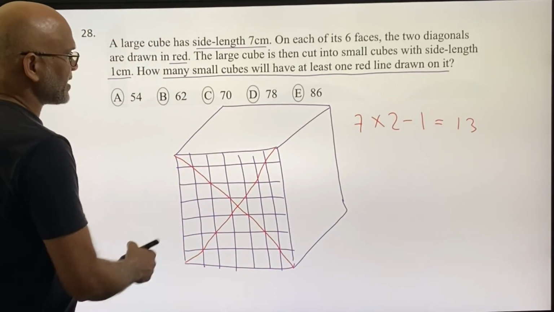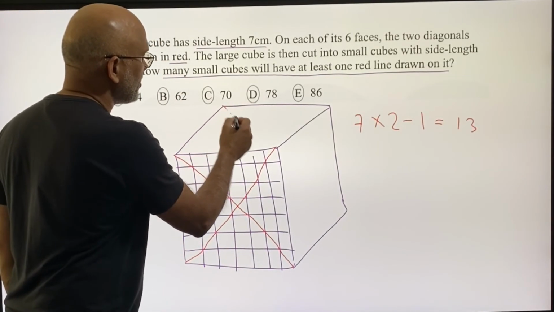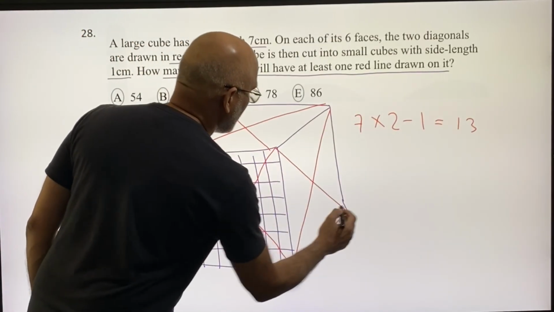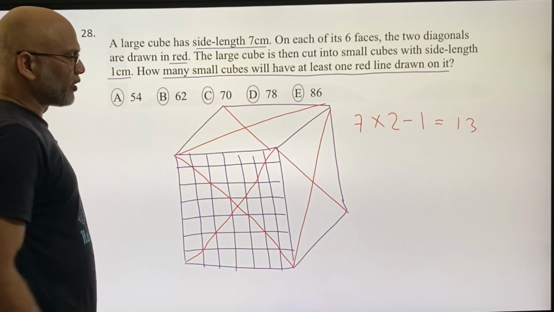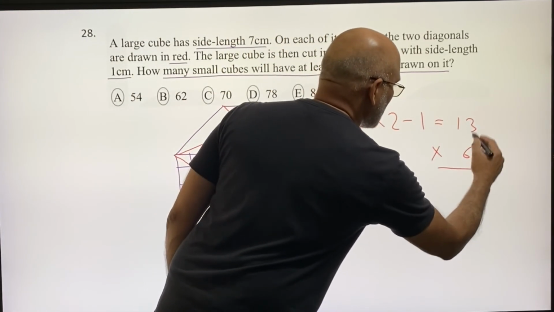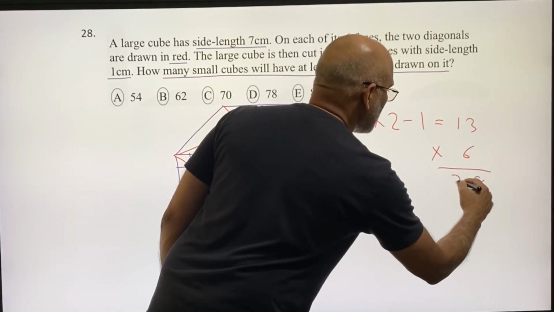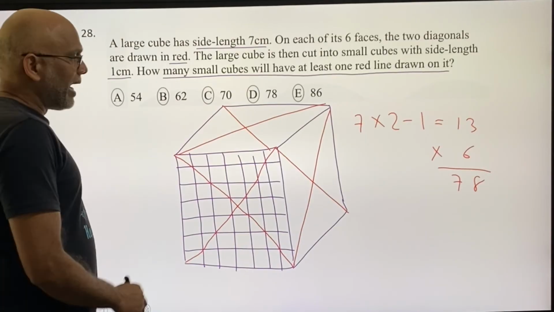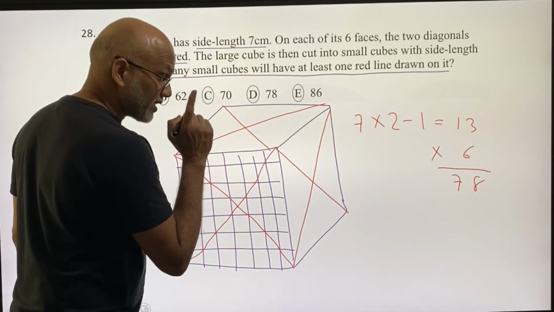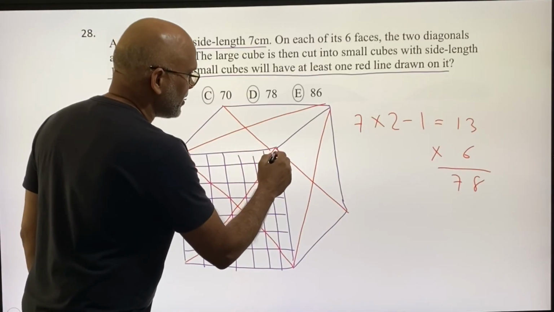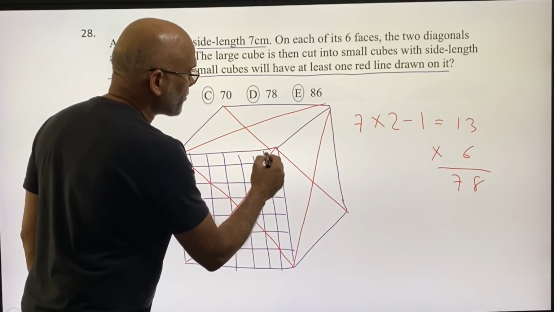But I have 6 faces because the red lines are drawn on all 6 faces, right? These are 3 and the 3 that we are not able to see. So times 6, this will be 78. However, notice that I'm double counting, in fact, triple counting the corner cubes.